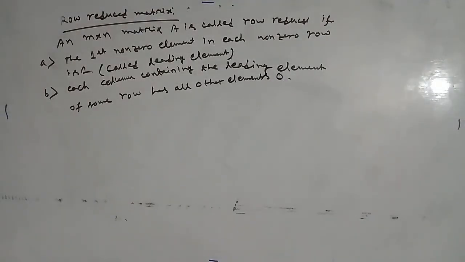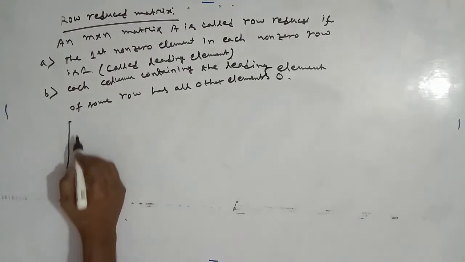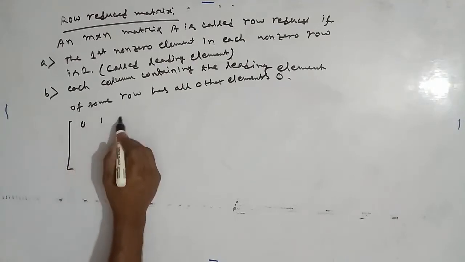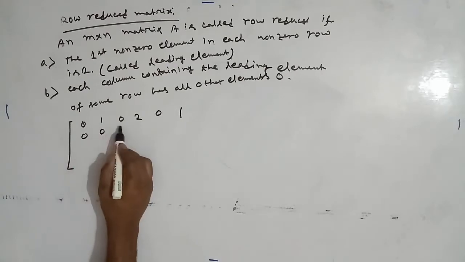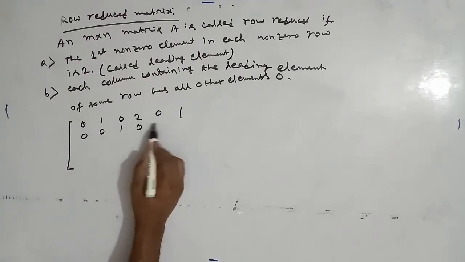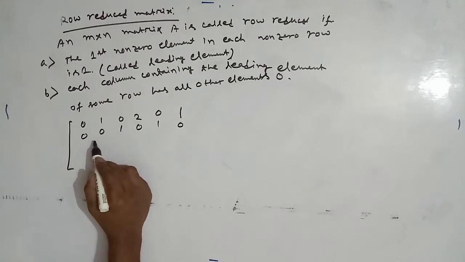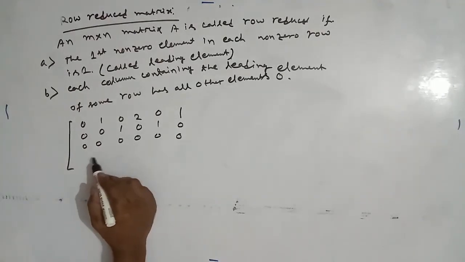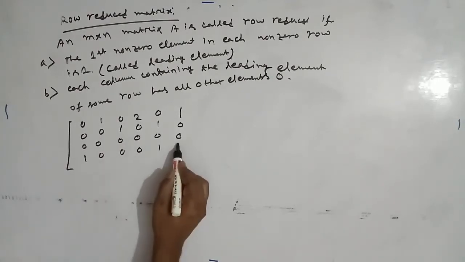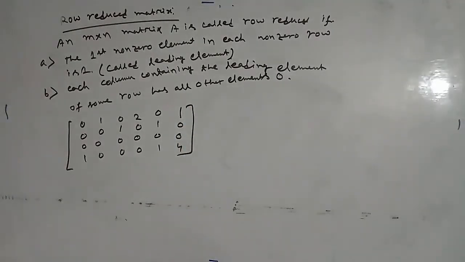Okay, so if we take an example of a row reduced matrix, suppose you take this matrix: 0 1 0 2 0, 1 0 0 1 0 1 0, next all 0, and the last one is 1 0 0 0 1 4. So this is a row reduced matrix.